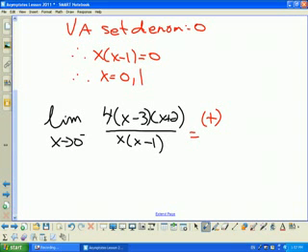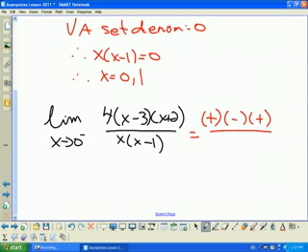Well, 4 is positive always. That'll be negative. That'll be positive, won't it? Because we're just basically substituting in x equals 0.